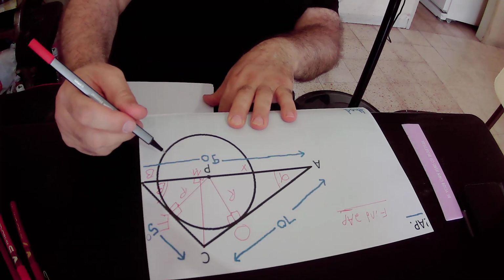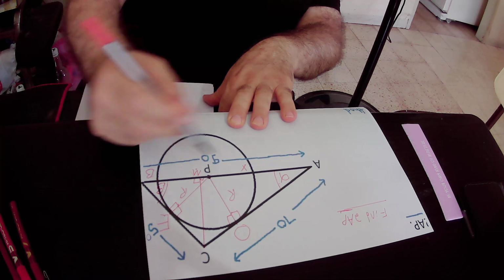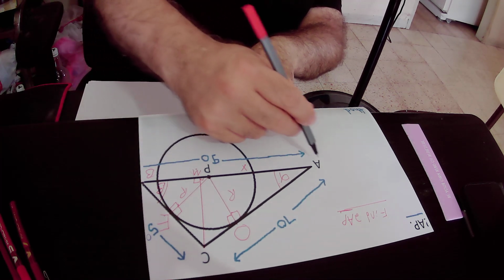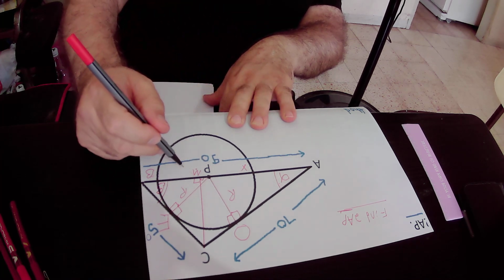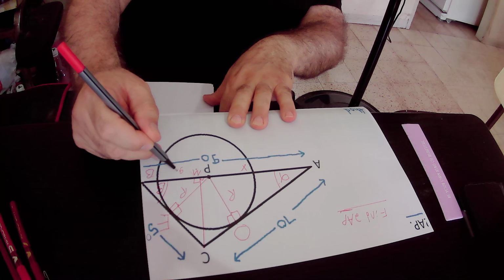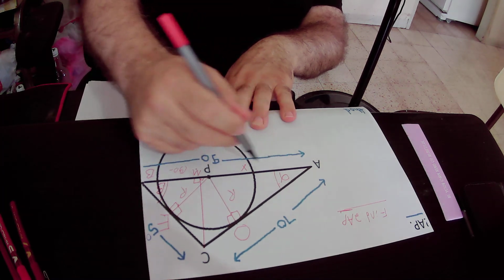So PB will be equal to AB minus AP. That is to say, AB is 90 minus AP, that is x.